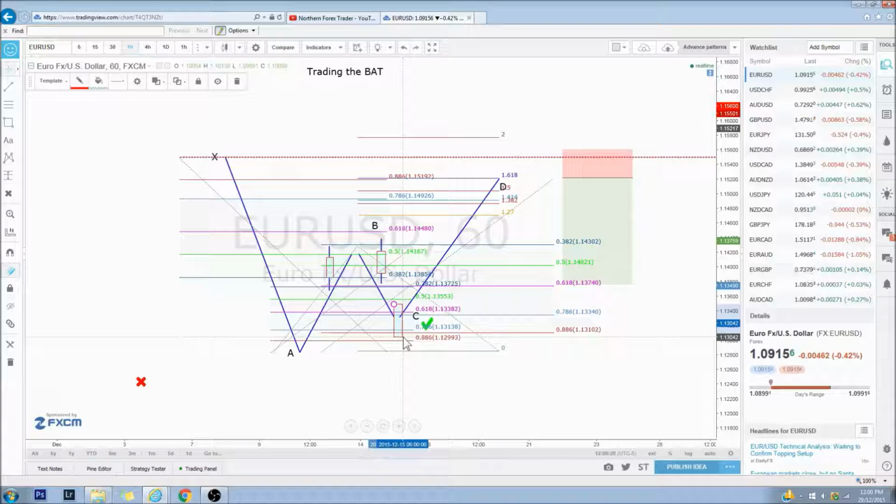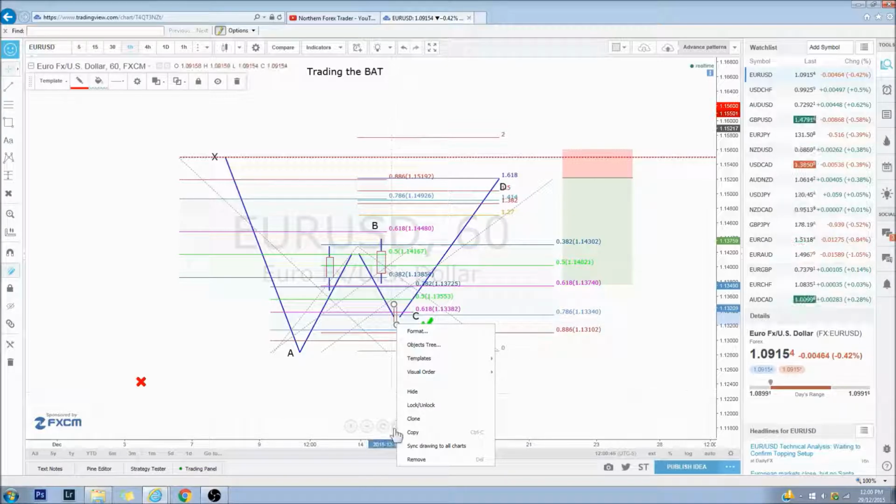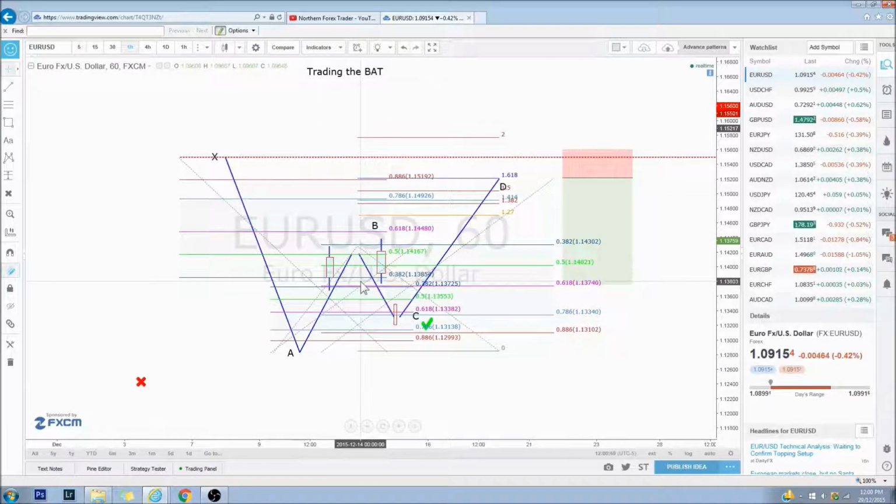And what I mean by close is the 50% of the 786 and the 886. That is the maximum I would push it. But you don't want it anywhere here or here or here. Once it breaks that, the pattern is null and void. I would not take that pattern.